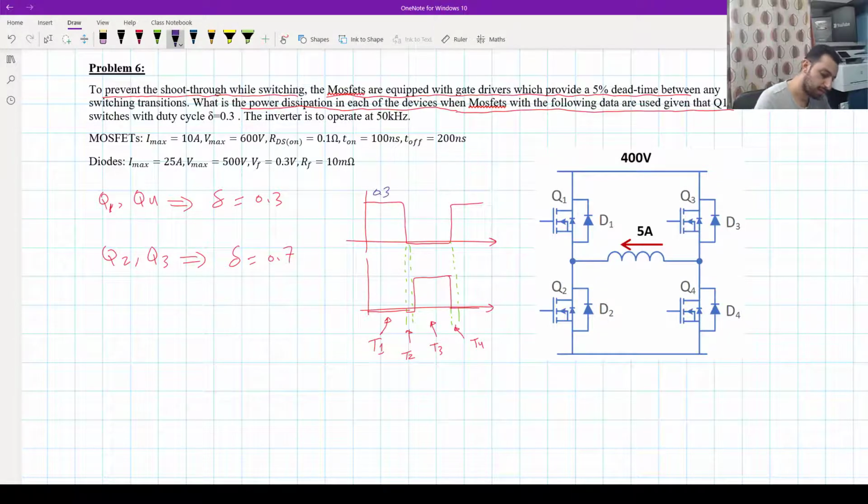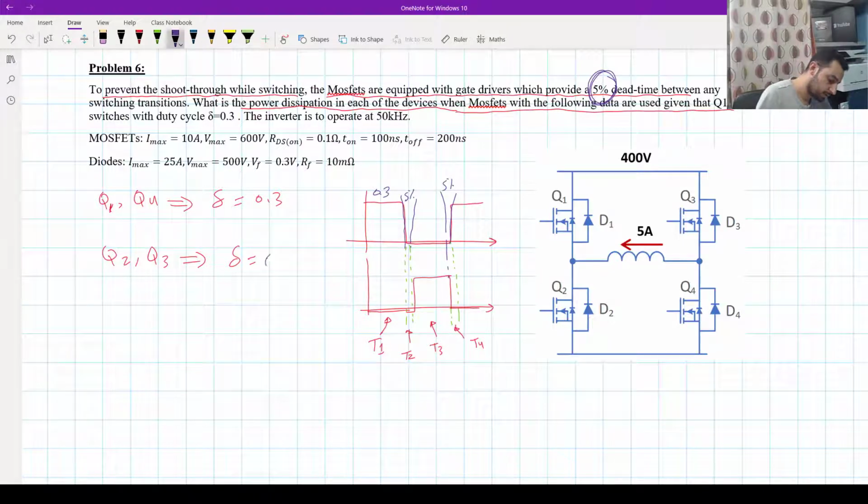And the dead time here is 5%. That means this dead time is 5%, and the other dead time here is another 5%. What is the remaining time for Q2 and Q3? It will not be 0.7, it will be 0.6.